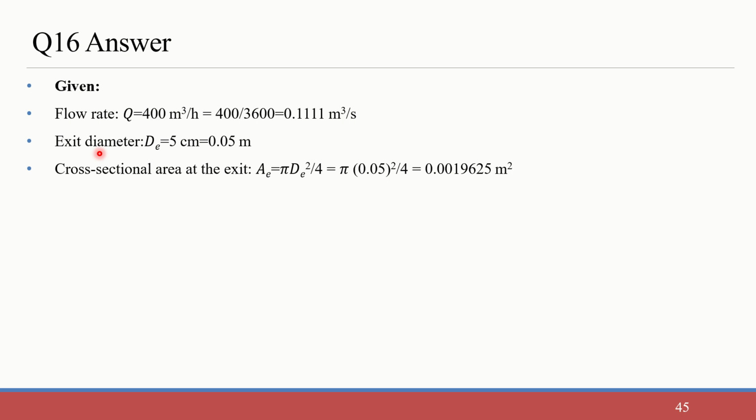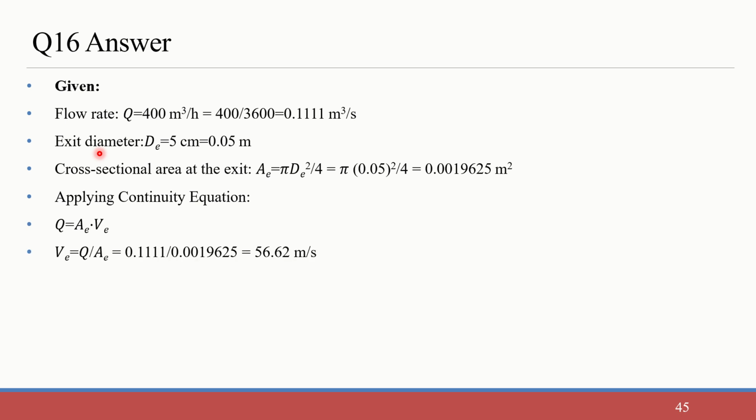So it is pi by 4 into 0.05 square, which gives us the cross sectional area at the exit as 0.0019625 meter square, and we are applying Q is equal to A into V. So V becomes Q by A. So Q here is 0.1111 meter cube per second divided by 0.0019625, which gives us 56.62 meter per second.